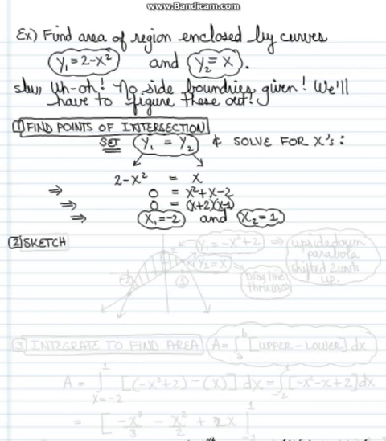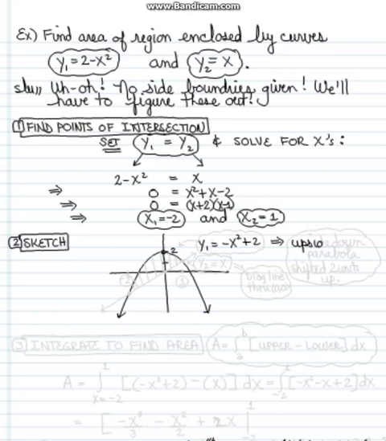Now let's do a sketch to make sure this is physically making sense. Here's our graph, y-axis, x-axis. We've got the inverted parabola y sub 1 equals negative x squared, shifted 2 units up because we added 2.